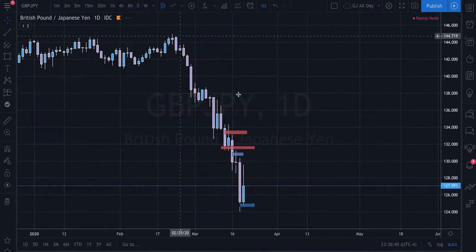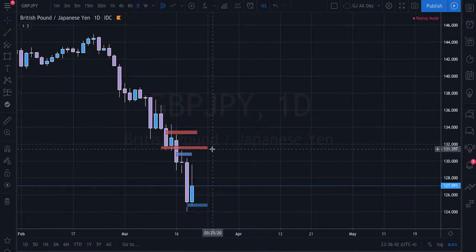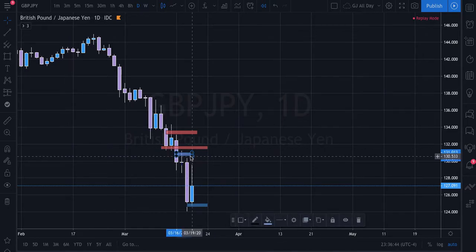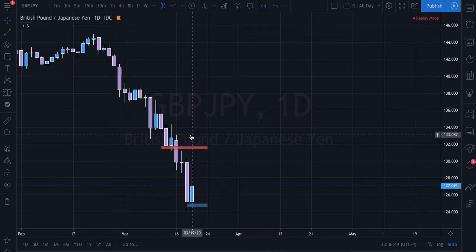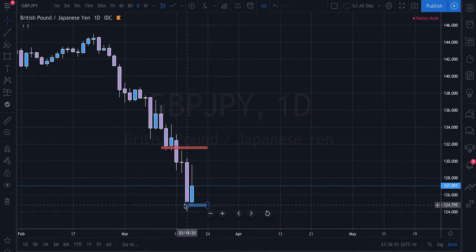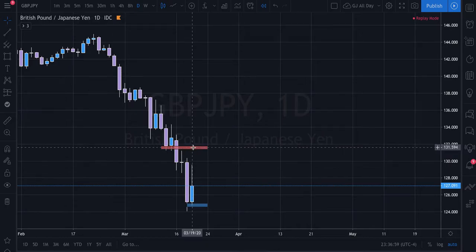Let's try to find some fresh zones. Delete that. This is our lowest. This isn't a daily zone yet because this candle hasn't completed. So got a zone up here for daily, zone down there.